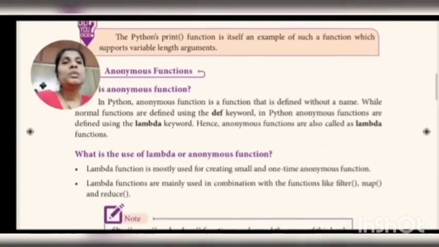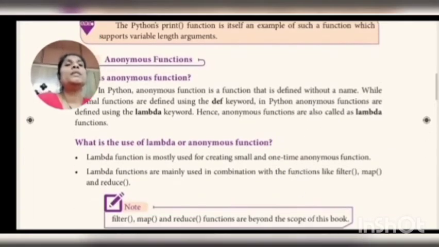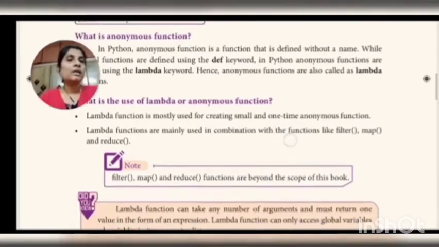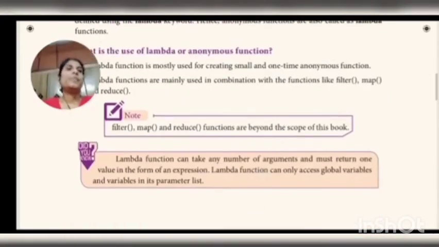So what is the use of lambda or anonymous functions? It is used for creating very small and one-time use functions, and they are mainly used in combination with functions like filter, map and reduce. Those functions also are not covered in this lesson.